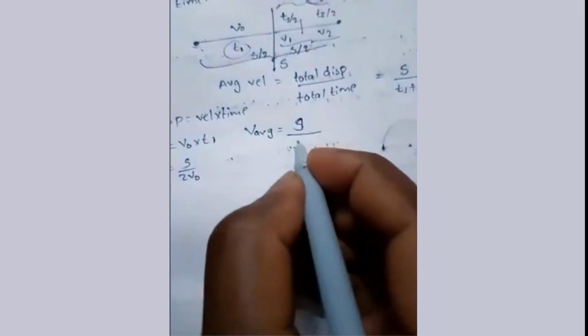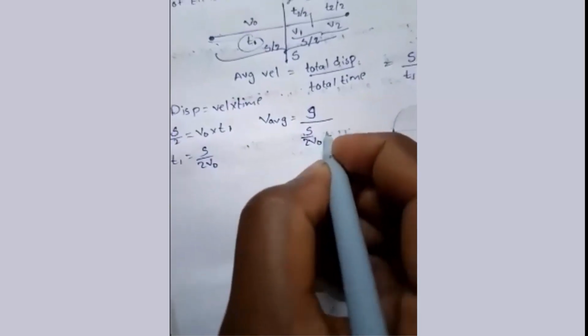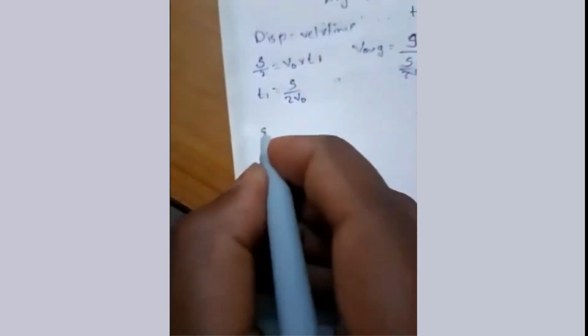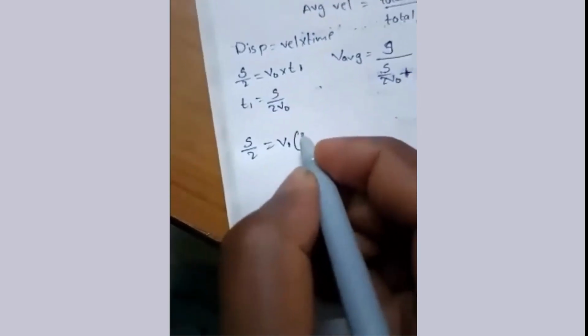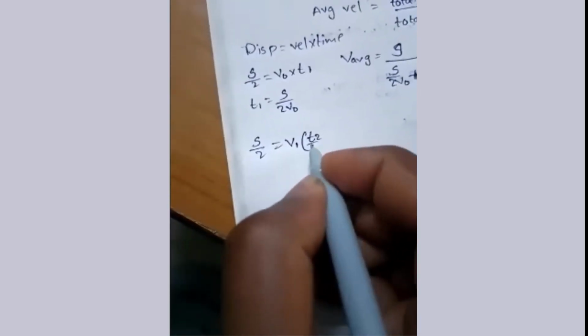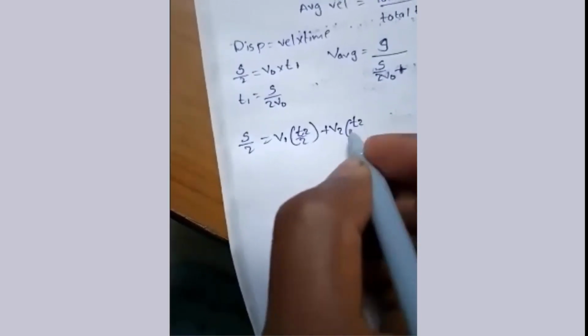I'm writing it in place of t1, plus, see, for the second half, s by 2 equals v1 into t2 by 2 plus v2 into t2 by 2.